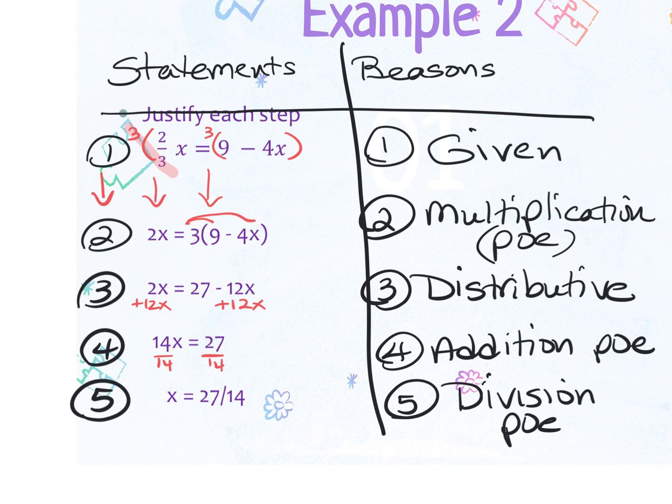So if you blank out, always at least get this first statement in there and that first reason. It's worth points just by writing the problem and telling me that it was given to you. Okay? It's worth something. So let's try writing a whole thing ourselves.